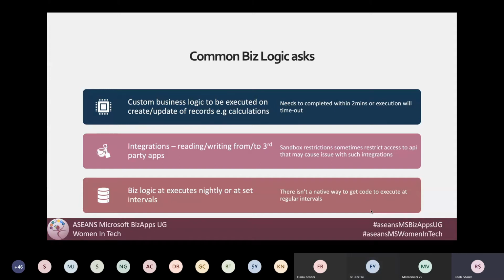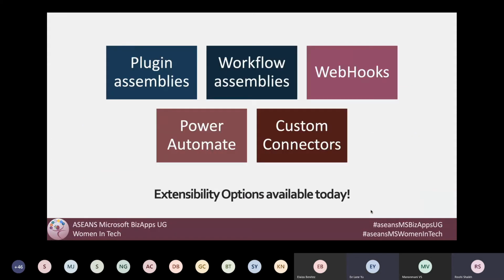So in the next slide, what I'm going to talk about is the extensibility options available today, with the focus being on the word today. Traditionally, like I said, there have always been plugin assemblies and workflow assemblies.